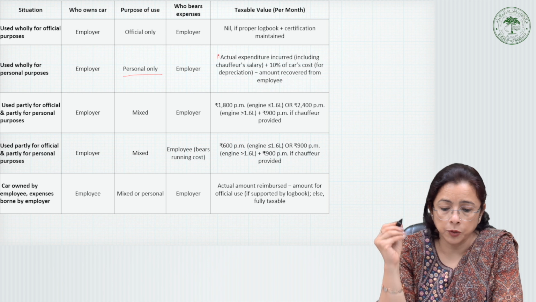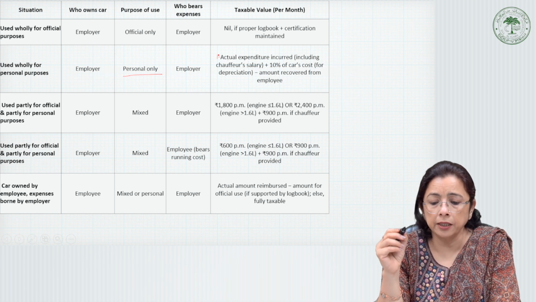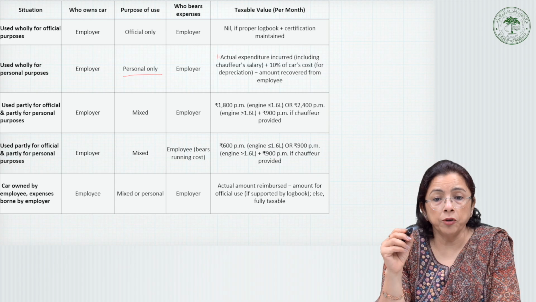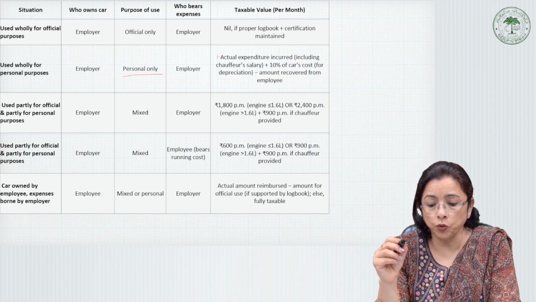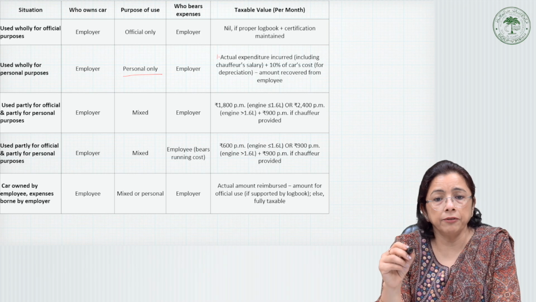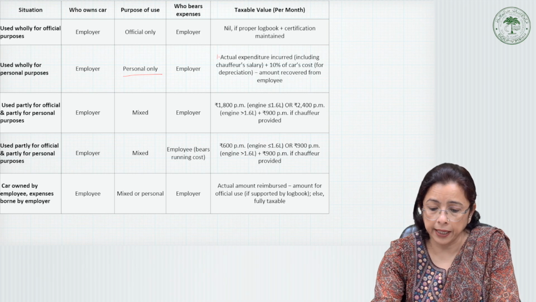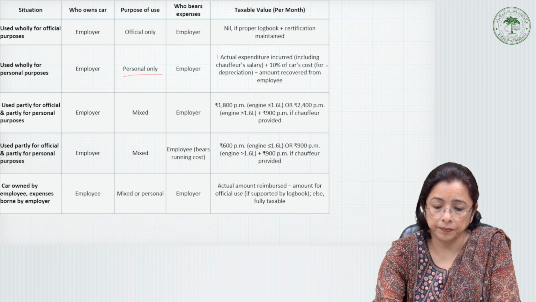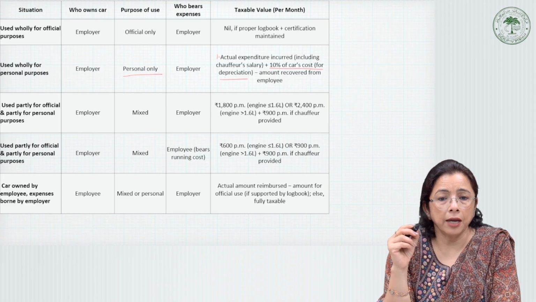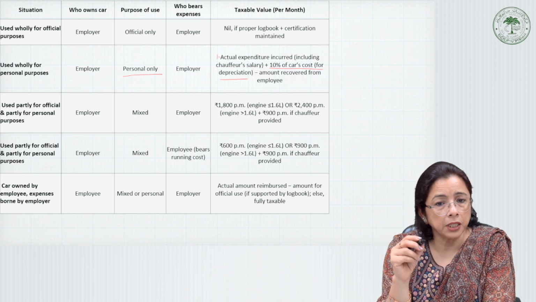This is the first point, actual expenditure incurred, including this: the remuneration, if any, paid to the chauffeur, that is the driver, and the depreciation at the rate of 10%. Plus 10% depreciation. These three things have to be taken into consideration.